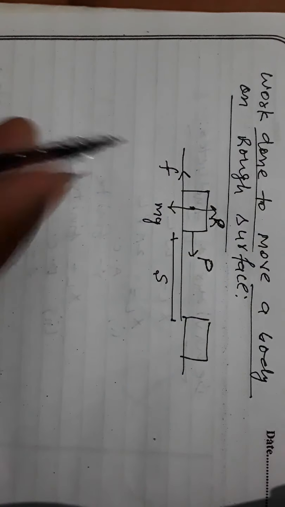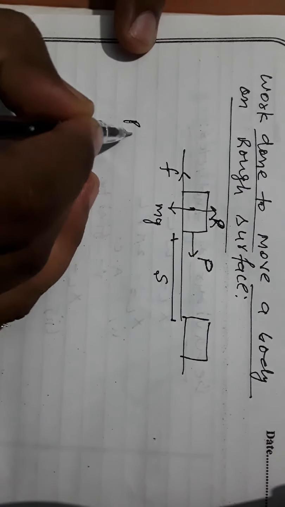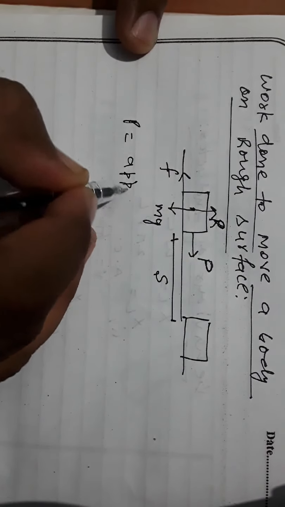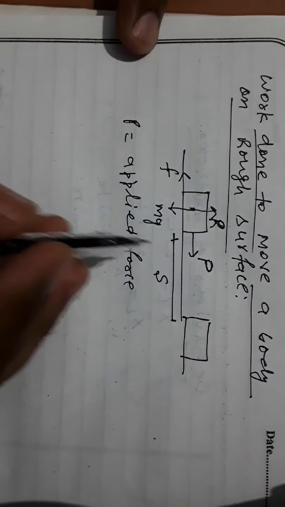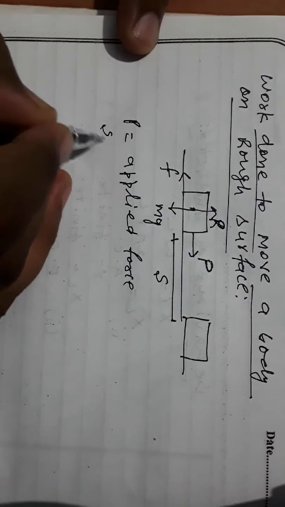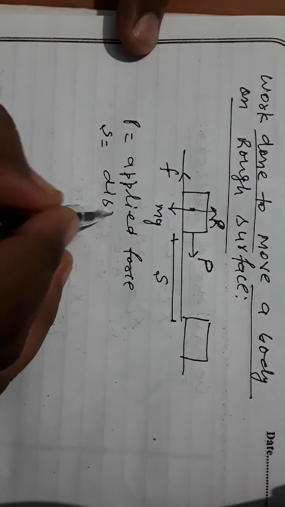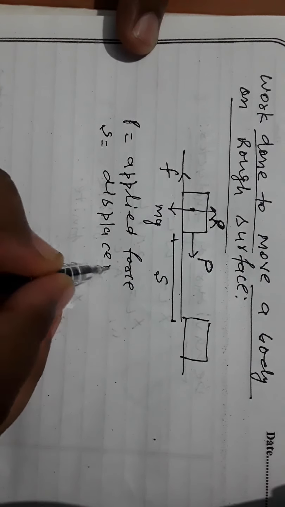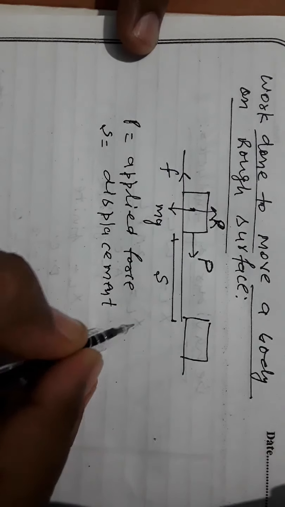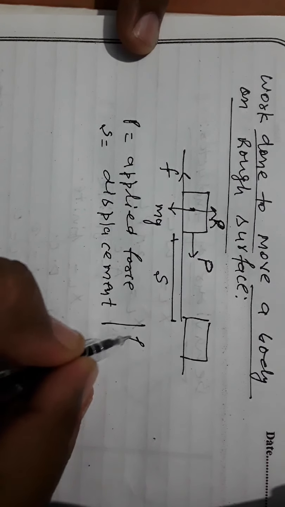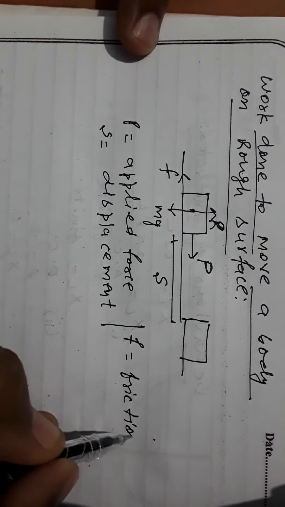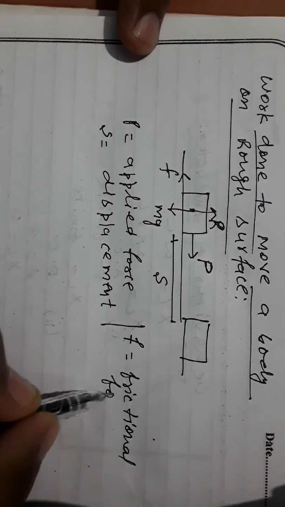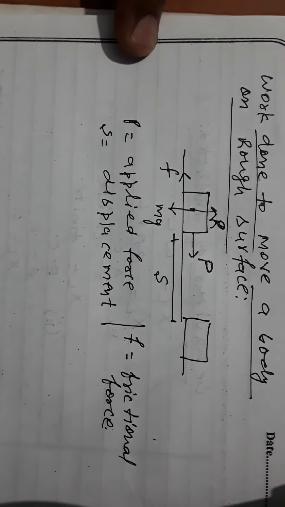P is the applied force. Due to this applied force, S is the displacement, and F is the frictional force in the opposite direction to the motion of the body.